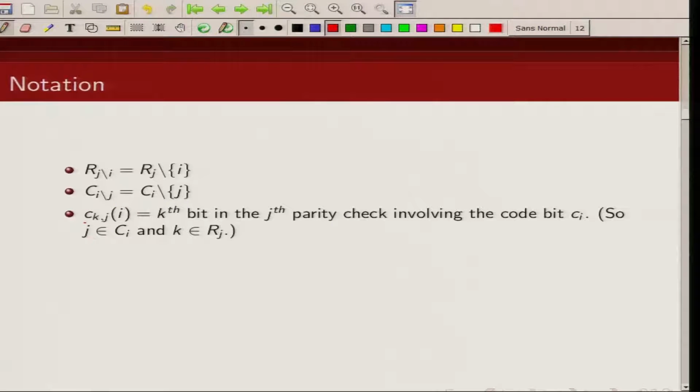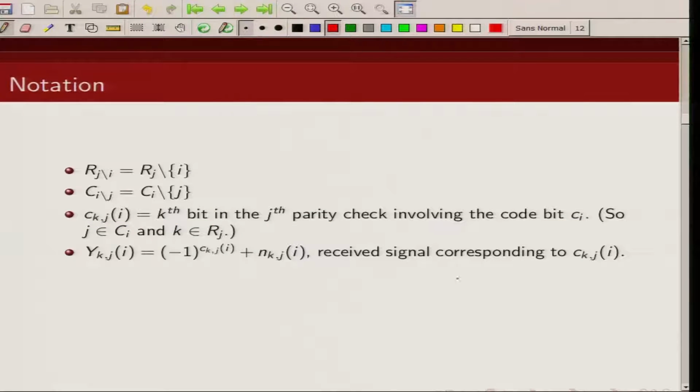Now, we define by Ckj the kth bit in the jth parity check equation involving code bit Ci, that is denoted by Ckji. So, the received sequence corresponding to this transmitted sequence would be then, this is the modulated version and this is the noise added. So, this is the received signal corresponding to this code bit.